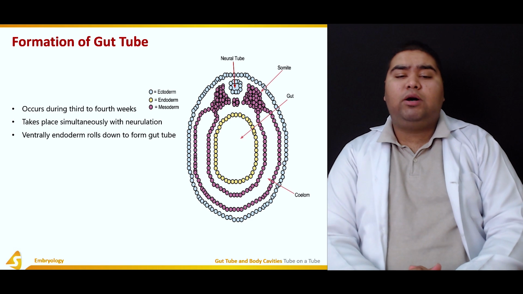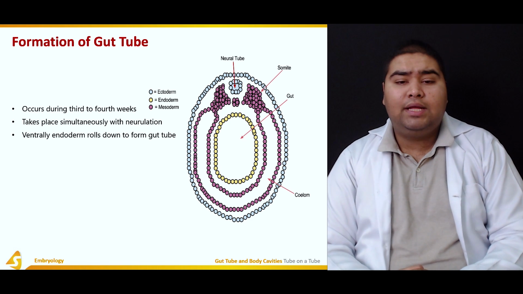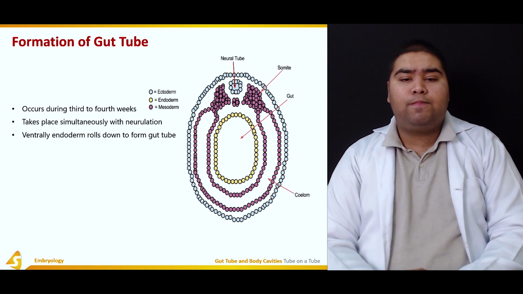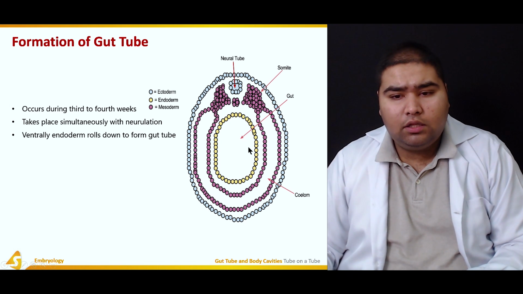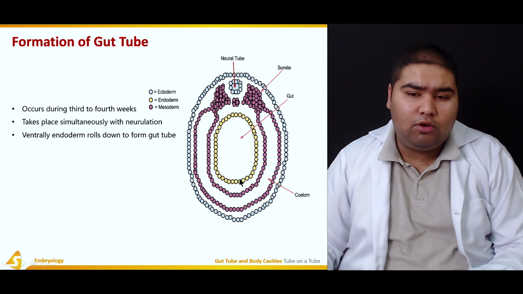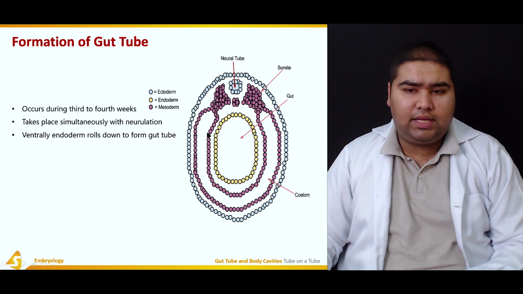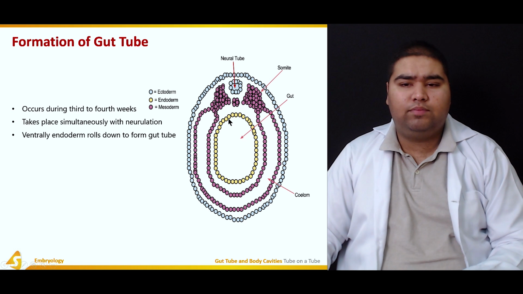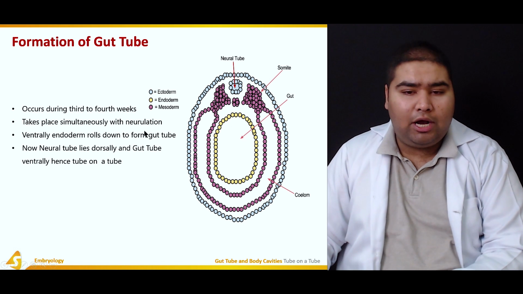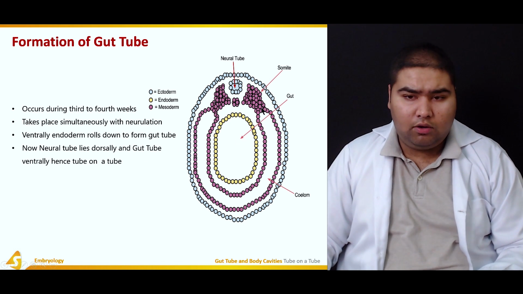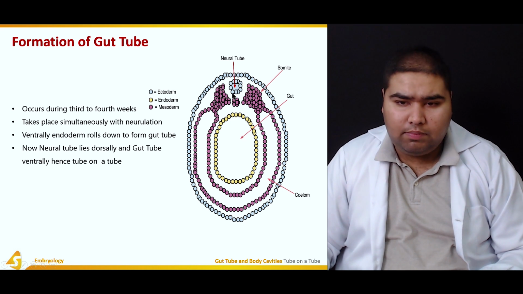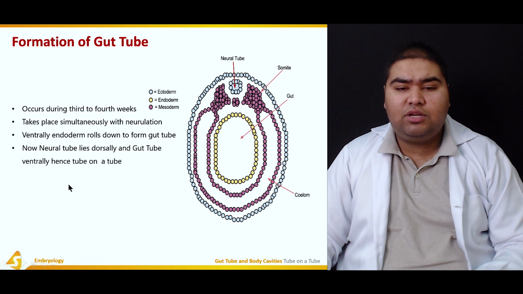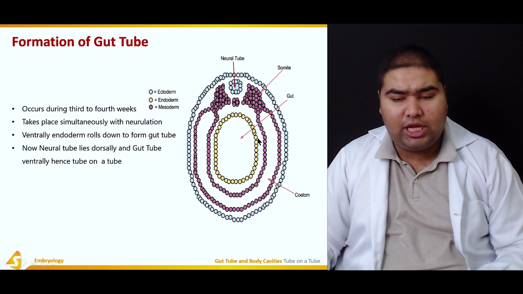Now we're talking about the ventral endoderm that rolls down to form the gut tube. In the figure, the layer in the yellow color is the endoderm that is folding down to form the gut tube. Now the neural tube lies dorsally. On the dorsal surface we have the neural tube in light blue, and ventrally we have the gut tube in yellow.